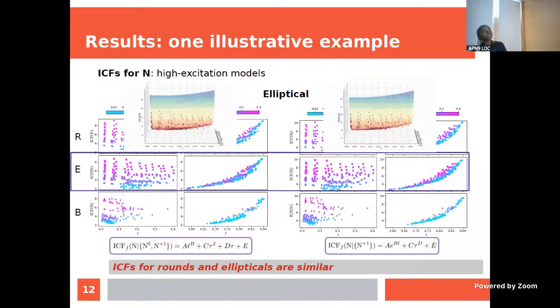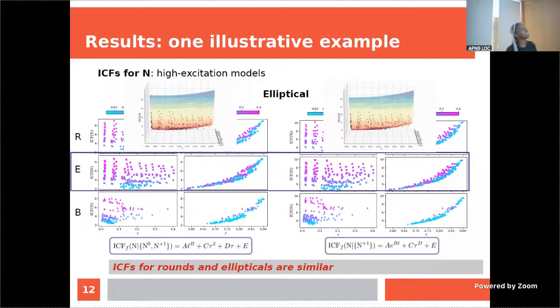Here I have a gif, but you cannot see the whole structure because it's a PDF. But anyway, based on the 2 or 3 variables we defined, you have here the distribution of the data points, and from that you get the ICF.